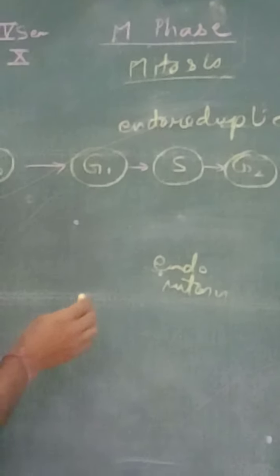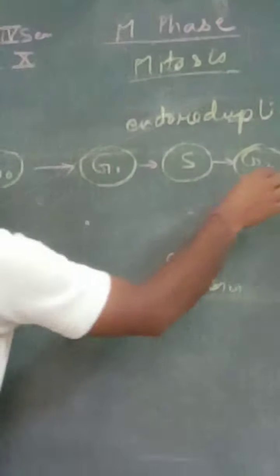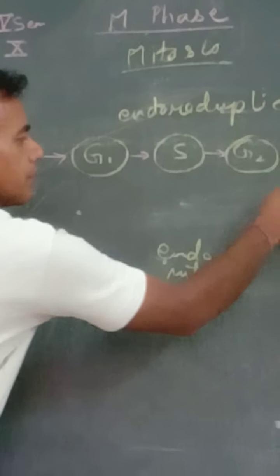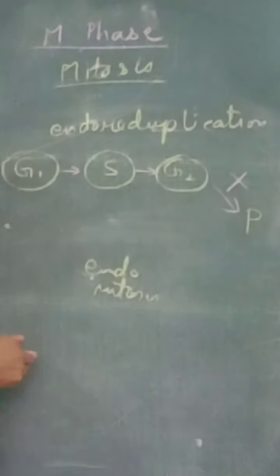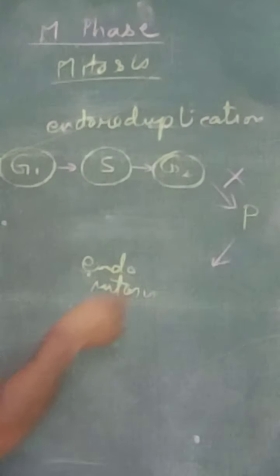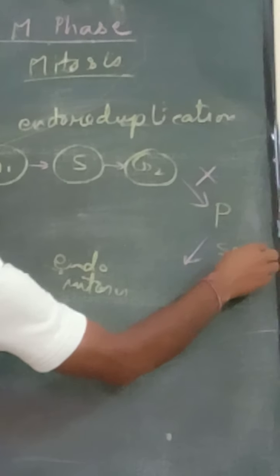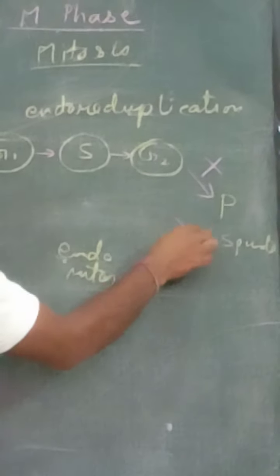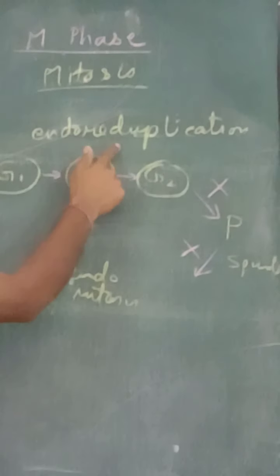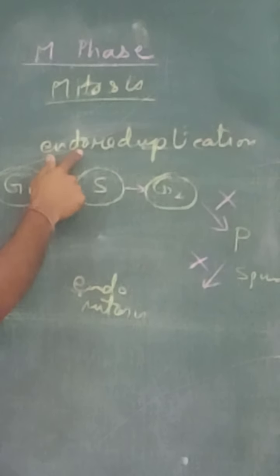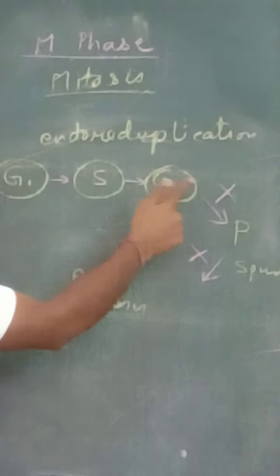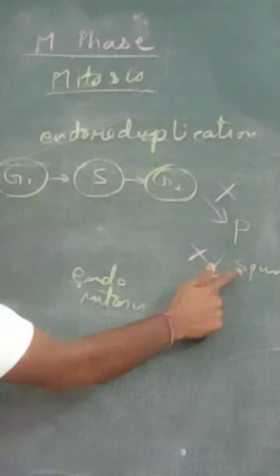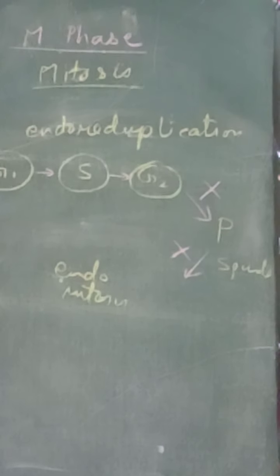Now endo-reduplication abnormality is observed when the signal for chromatin condensation as well as the signal for spindle organization are absent. So this abnormality, endo-reduplication, appears when there is neither a signal for condensation nor a signal for spindle appearance.